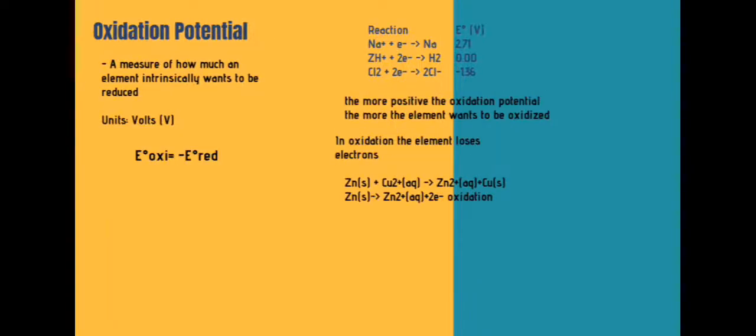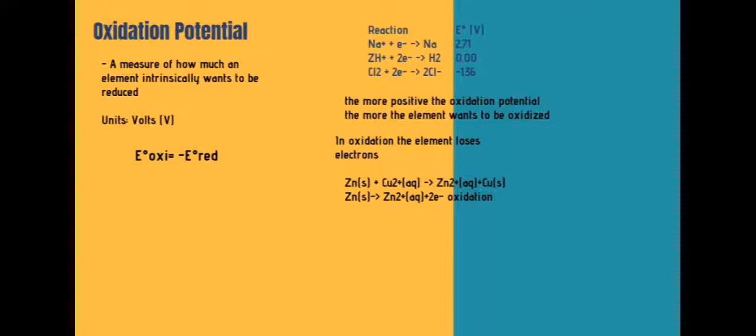Oxidation potential. Oxidation potential is very similar to reduction potential, except that it is the opposite. Instead of how much an element wants to be reduced, the oxidation potential is the measure of how much an element wants to be oxidized. So in the table, sodium cation has a reduction potential of 2.71 volts.